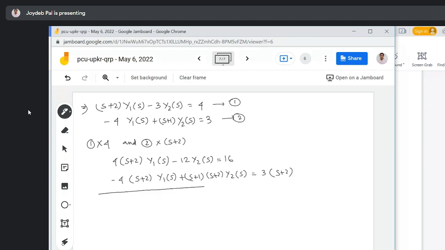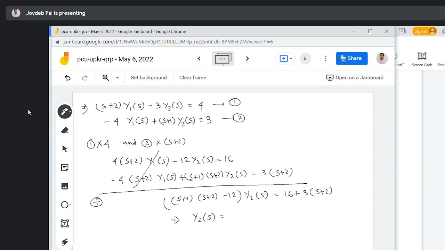Now we will add these two equations. Then Y1 will be eliminated, and the rest you simplify and find Y2. So it will be (s plus 1) into (s plus 2) minus 12, times Y2(s), equals 16 plus 3 into (s plus 2). You can simplify it.